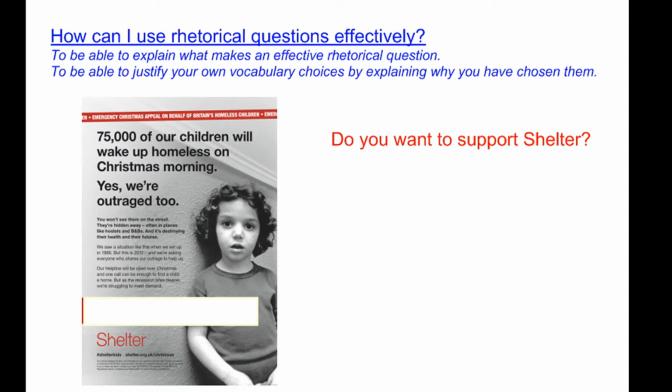So we're already finding out a don't of rhetorical questions: don't give the reader a yes or no response. We want something that will resonate with them emotionally, so that they will be more on side. It will be used as a persuasive technique.